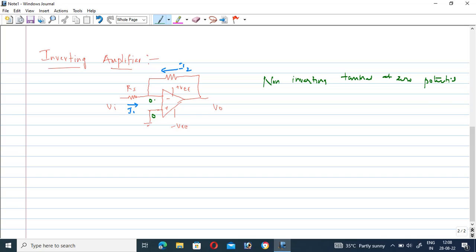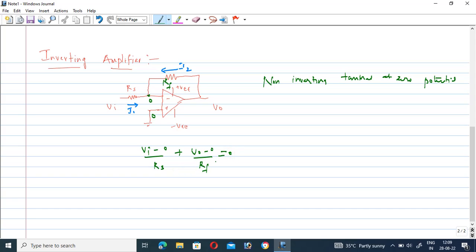Apply KCL at this node. Therefore, (Vi minus 0) by Rs, where Rs is the source resistance, plus (V naught minus 0) by the feedback resistance RF is equal to 0.